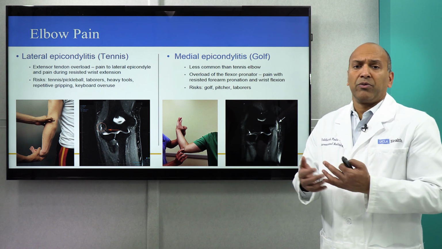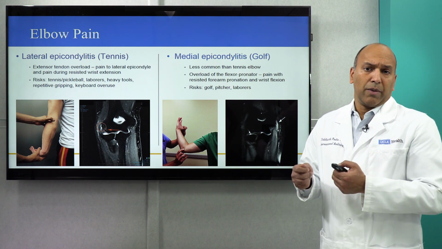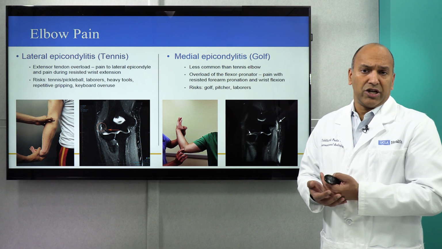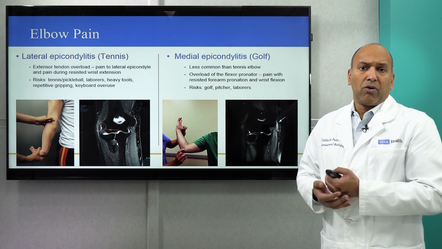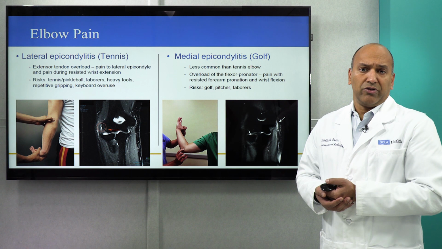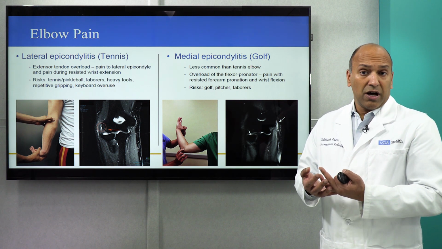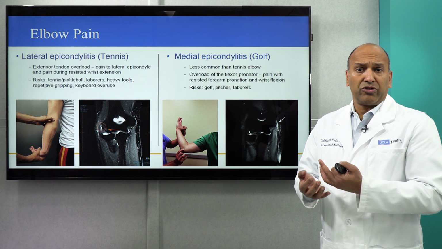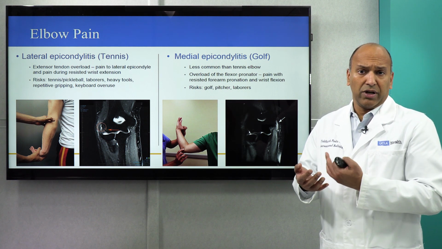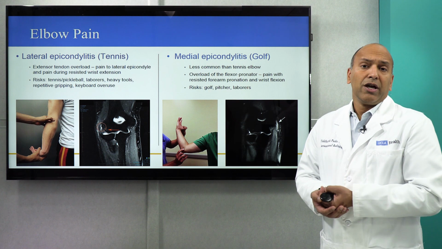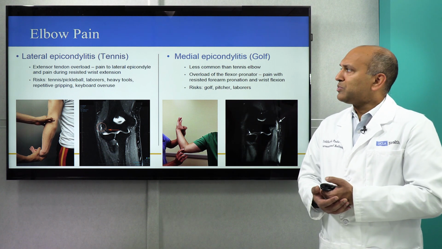It's also associated with other activities such as people performing manual labor during their day jobs, often using a hammer, or even people in the office typically using their keyboards all day. Golfer's elbow is a lot less common than tennis elbow, but also is associated with repetitive activities such as being in the office and using your keyboard, and of course, playing golf.